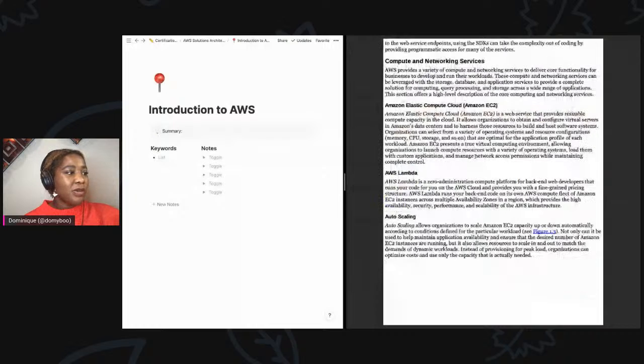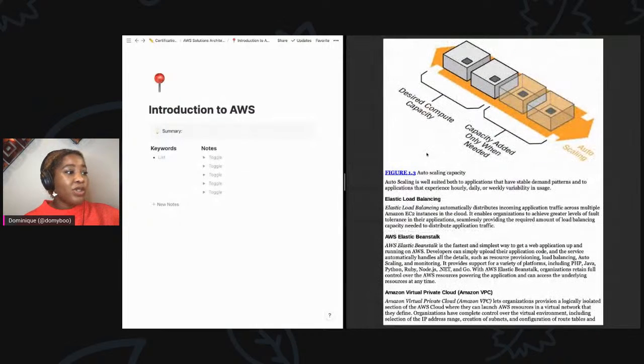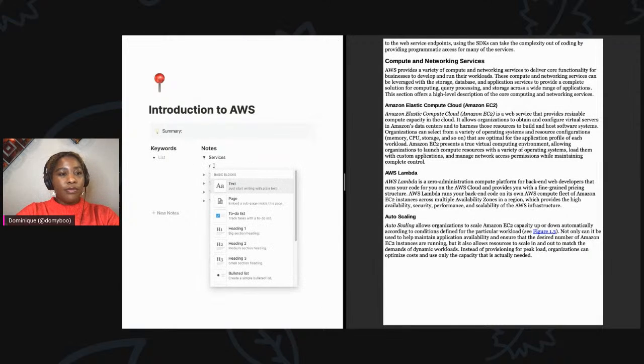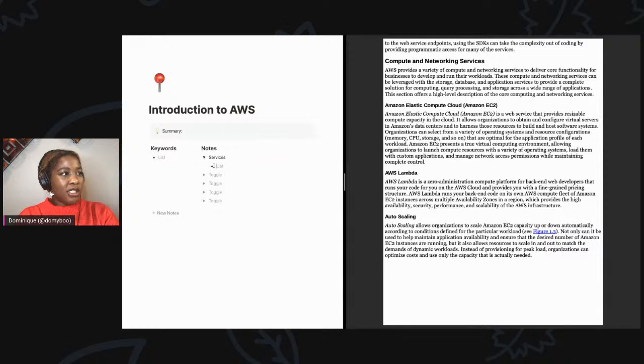So for chapter 1, it's going through all of its services. Okay, I will write down services because I am not familiar with all of these. Actually, should I write that as a keyword or a note? I'm not sure, but I'll put it here for now. So of course you have EC2 instances, you have AWS Lambda, auto scaling, because I know there are going to be questions on literally all of their services.